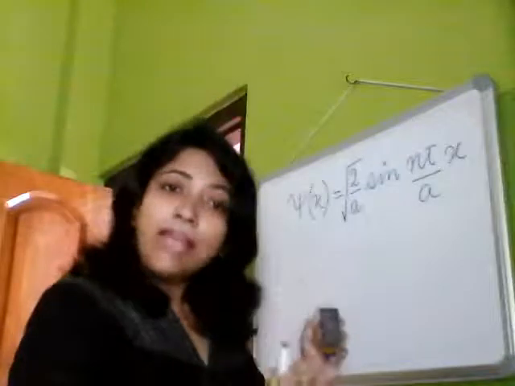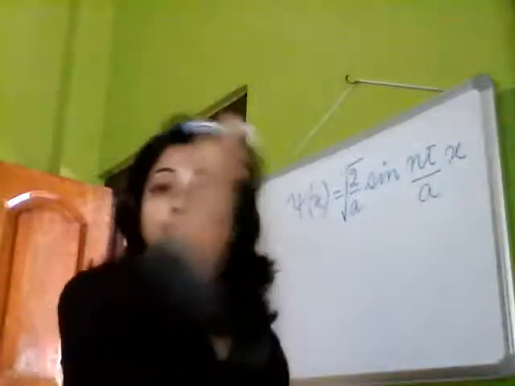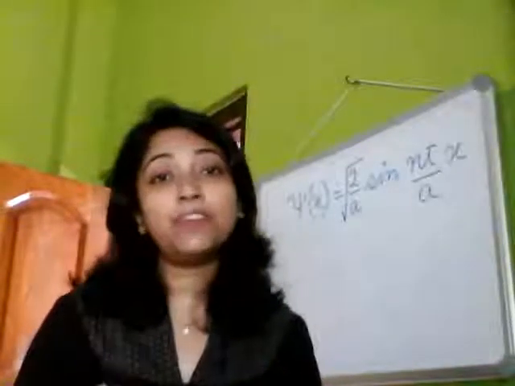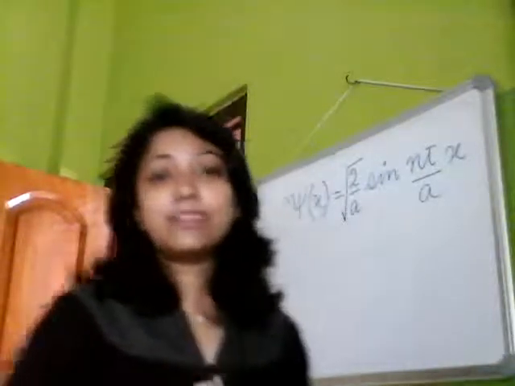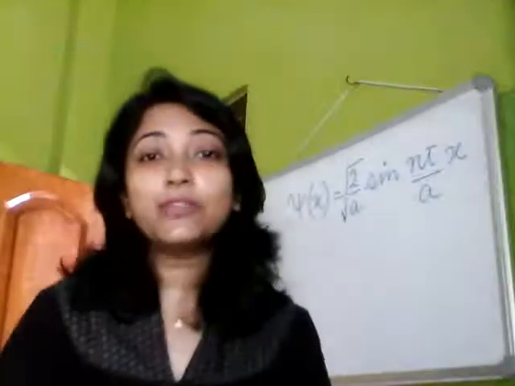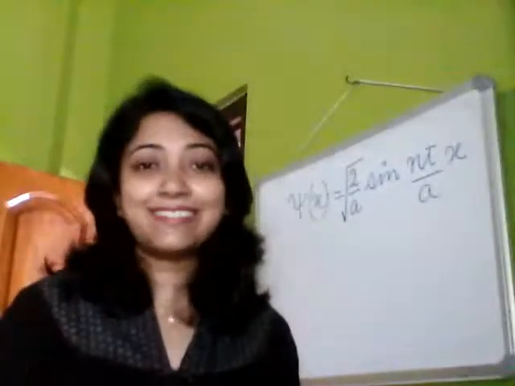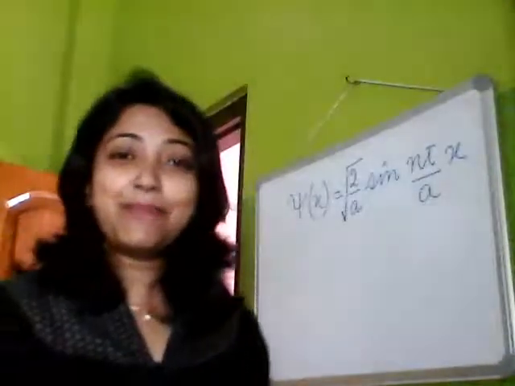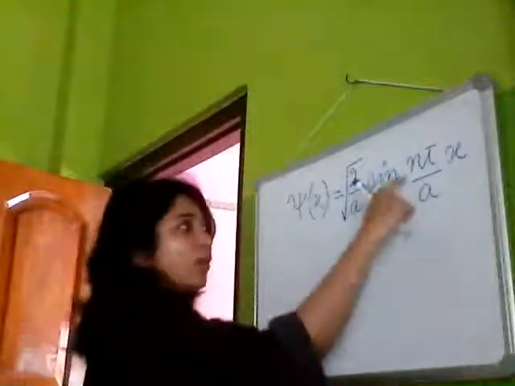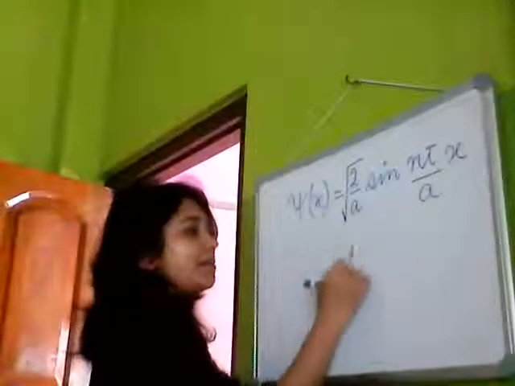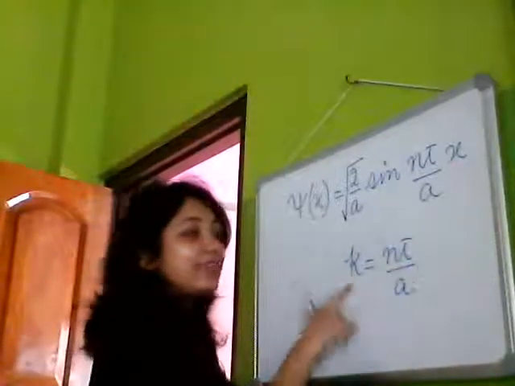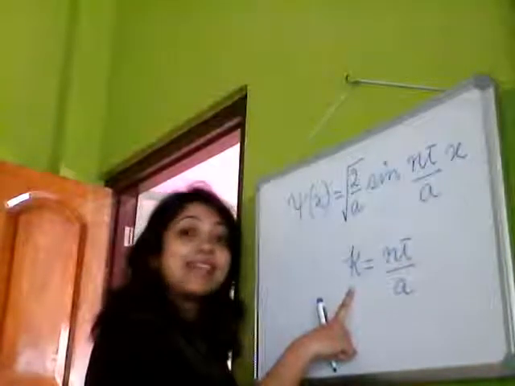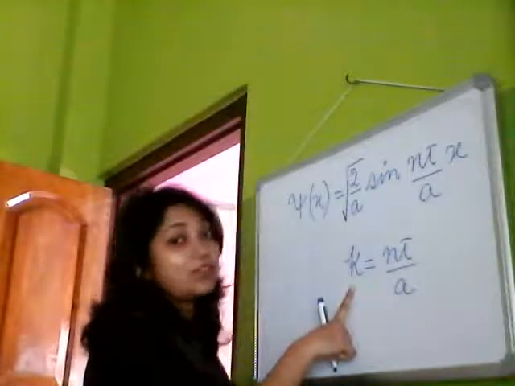Now, I could say that we have received the solution and we can put a full stop over here, but no. While solving the Schrodinger's equation up to here, I am going to give you another bonus result, if you may call it. And what is that? Reminding all of you, what is this n pi by a equal to? Remember, this n pi by a is equal to k that we had started with, a sine kx plus b cos kx.